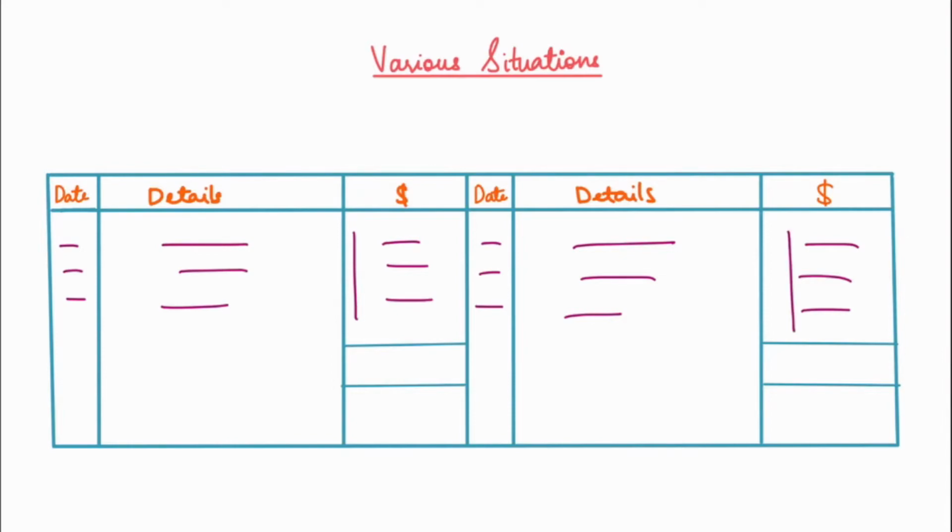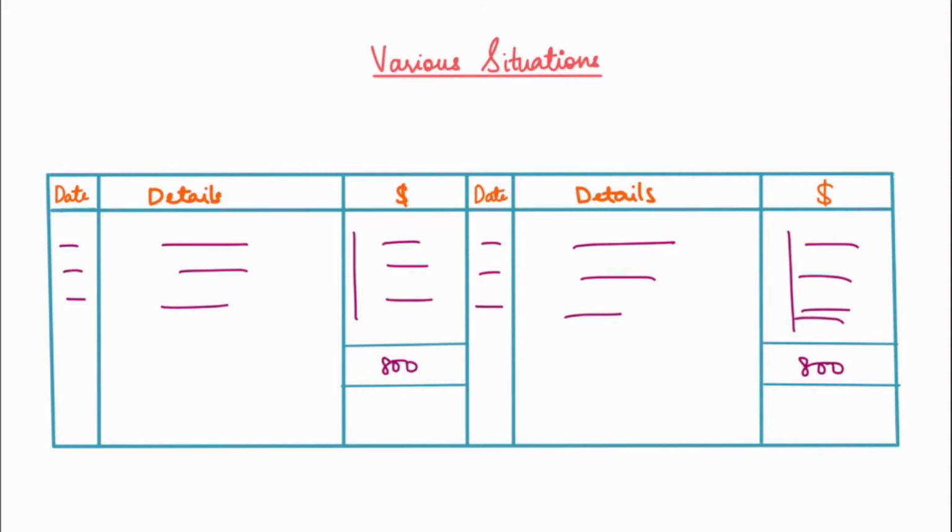Now if the debit side total comes to 800 and if the credit side total comes to 500, then what you have to do is write on both the sides the amount which is greater, that is 800, and then the difference amount, 300, 800 minus 500, as balance carried down. This will be the date on which the books are closed.